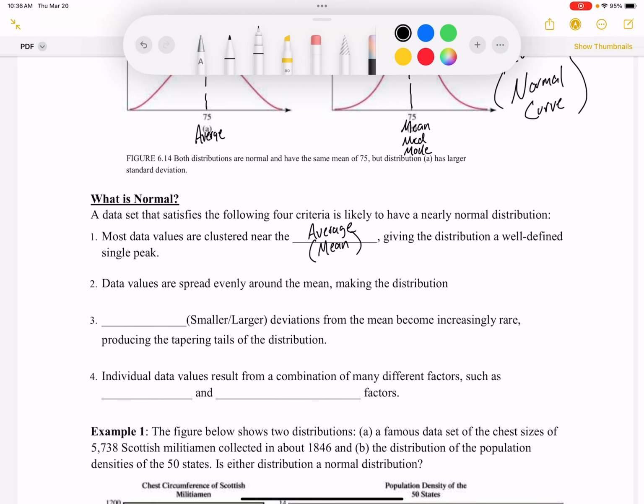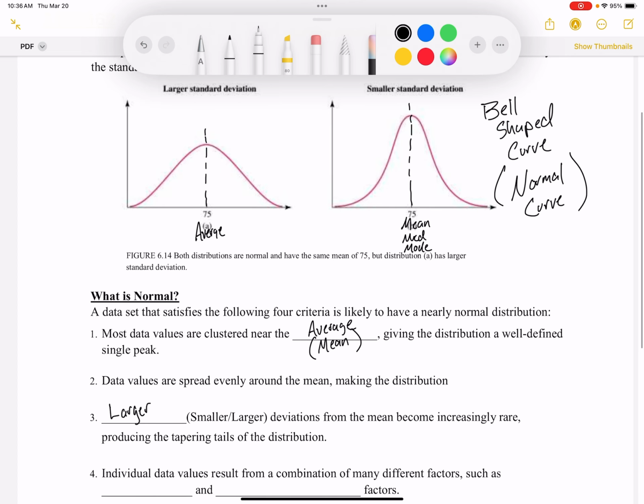Now, as you go away from the mean, deviations from the mean become increasingly rare. As we go farther and further away, larger deviations away from the mean become more and more rare, right?